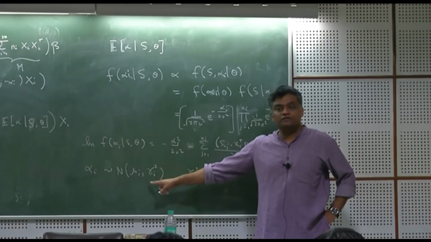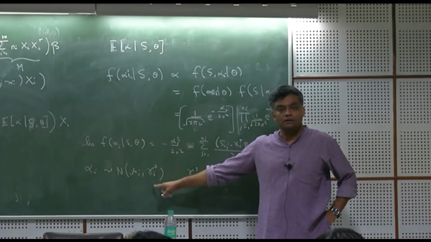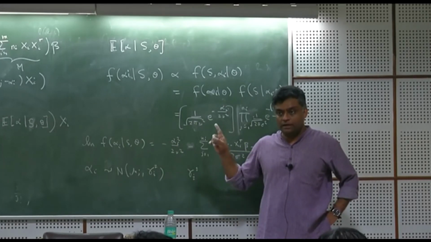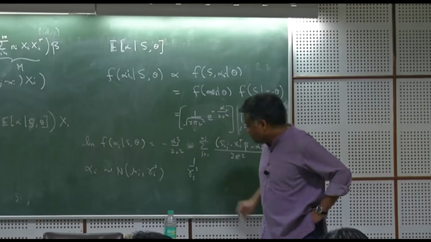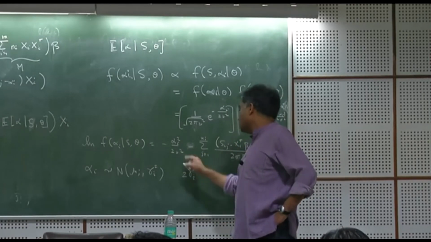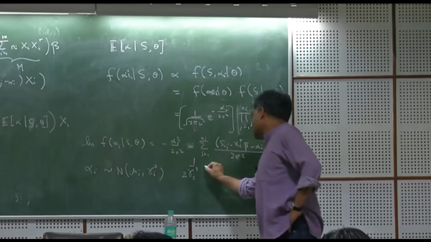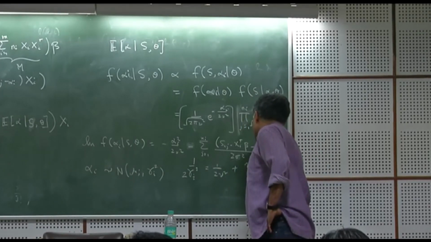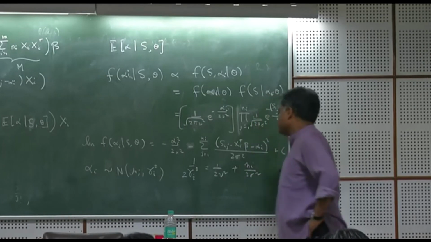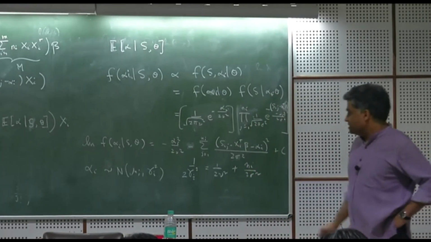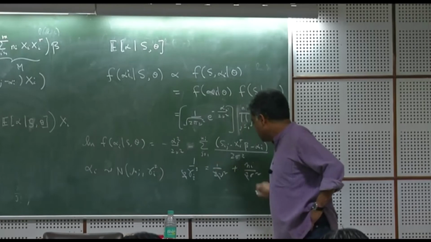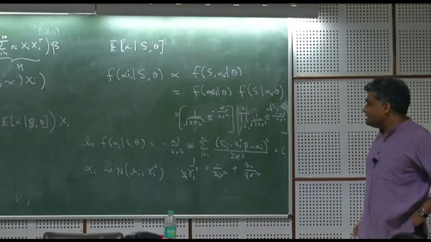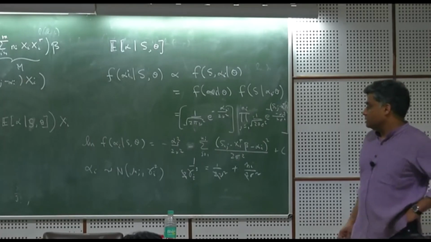What will be the coefficient of alpha squared? 1 over 2 gamma I squared. So that must equal the coefficient from here, which is 1 over 2 nu squared plus ni over 2 sigma squared. So these cancel and you get the formula for gamma I. What about the mean? How do I figure out the mean?